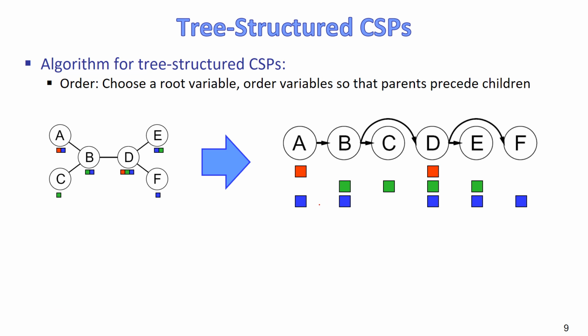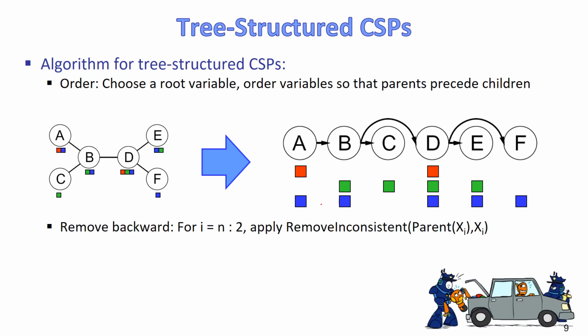Step number 1 in solving this tree structure CSP is to go backward. And when we go backward, we apply our consistency on every node. So let me show you an example. We'll go backward.